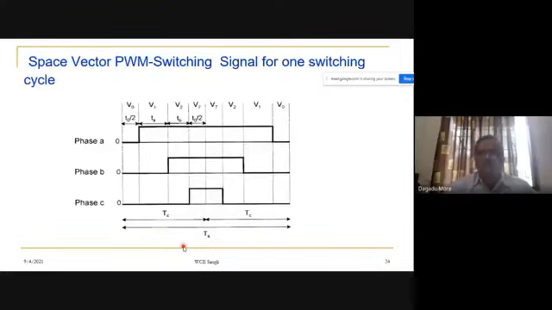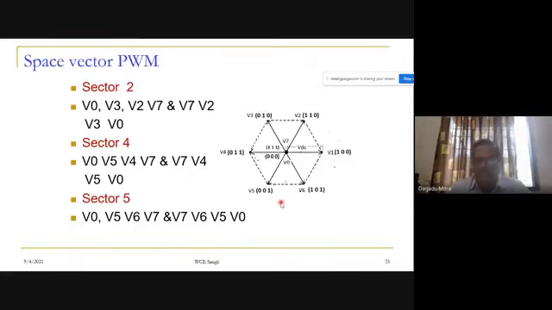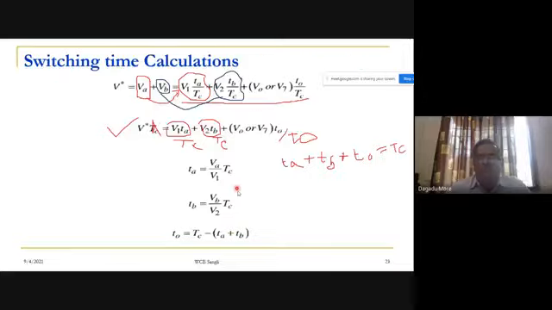Now once we compute this, how to apply it? Whatever V0 and V7 we have, we apply either V0 or V7, any one. But what we do is apply V0 for T0 by 2 and V7 for T0 by 2. We divide this zero state equally. So how long do we apply V0? We apply V0 for T0 by 2.